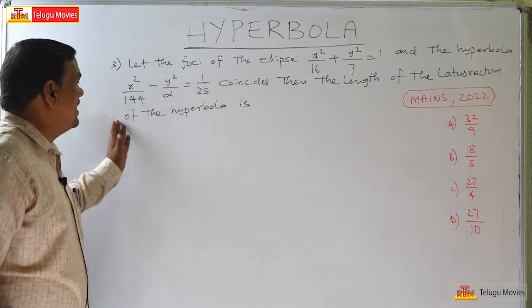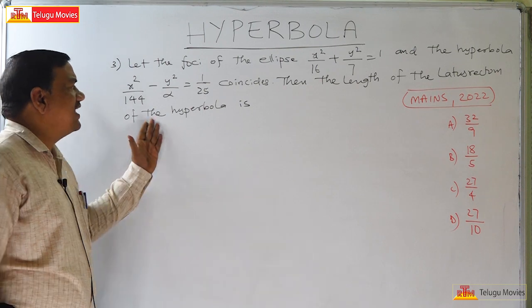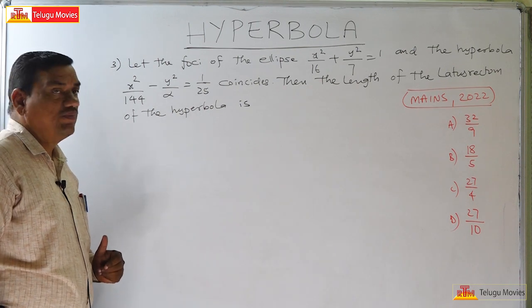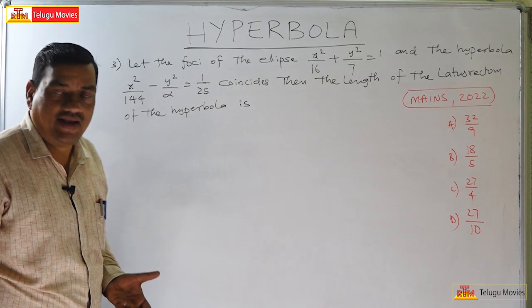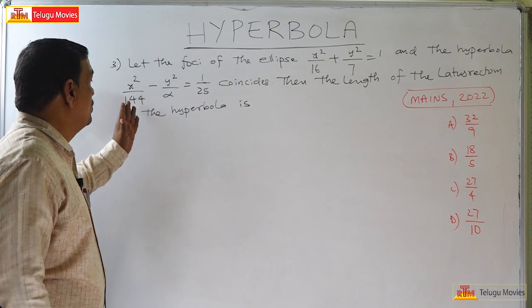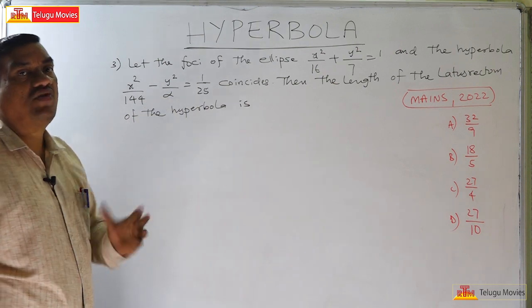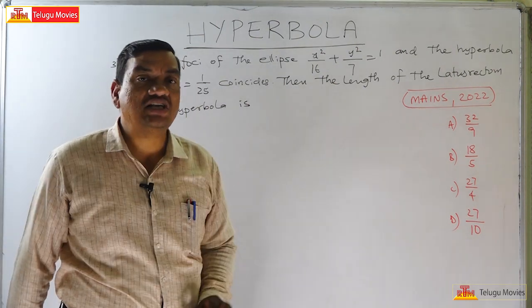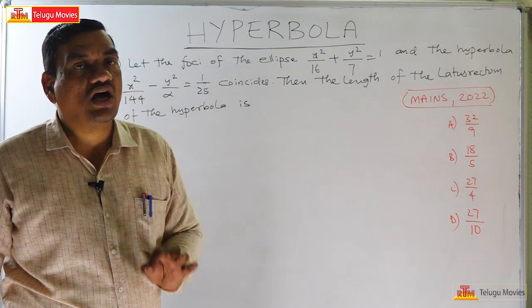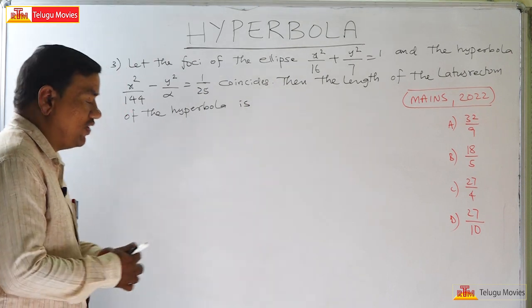Then the length of the latus rectum of the hyperbola. The length of the latus rectum is 2b square by a. So you have to find the a value and b value. If you find alpha, the problem is over. Then how to find that alpha?